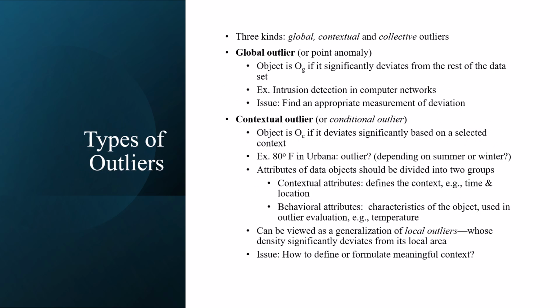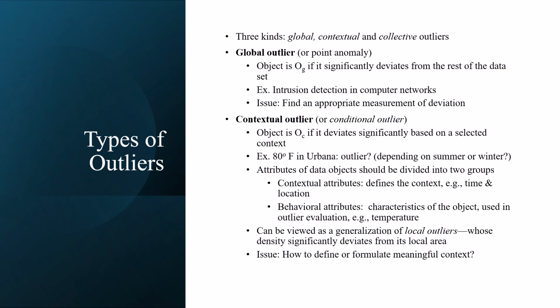In general, outliers can be classified into three categories, namely global outliers, contextual outliers, and collective outliers. Global outliers: in a given data set, a data object is a global outlier if it deviates significantly from the rest of the data set. Global outliers are sometimes called point anomalies and are the simplest type of outliers.